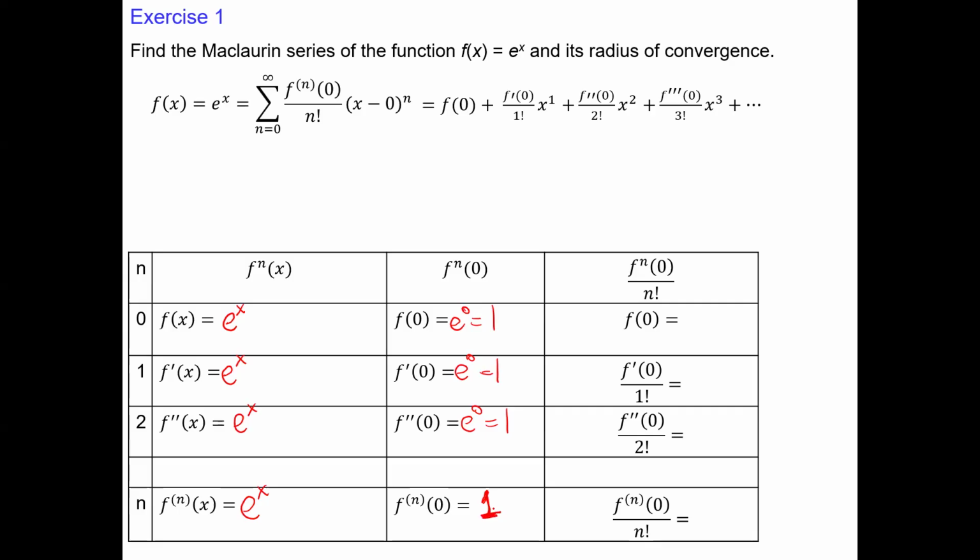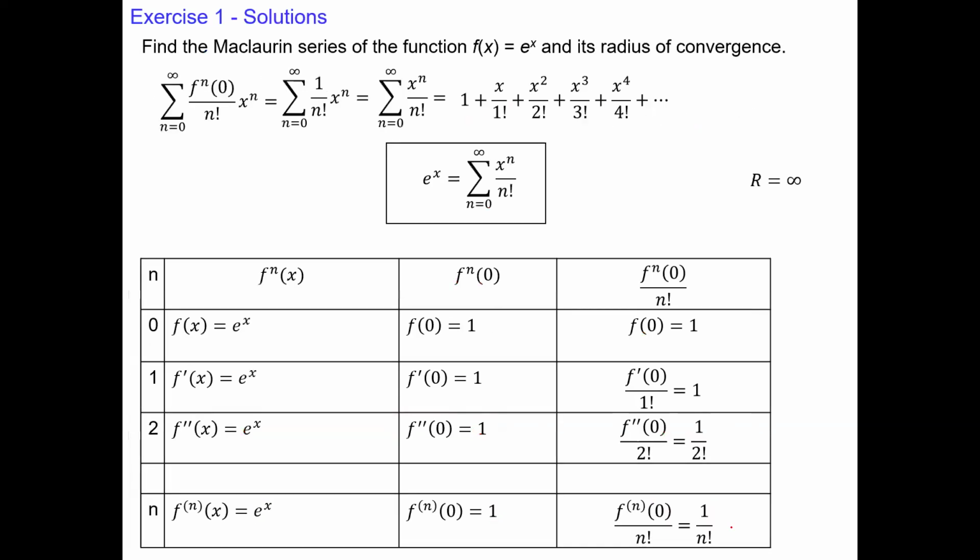Not all of the functions will have a nice pattern. And I don't know if we really need the last column, because the last column is just these coefficients. We may say this will be 1, this will be 1, this will be 1/2, and this will be 1 over n factorial.